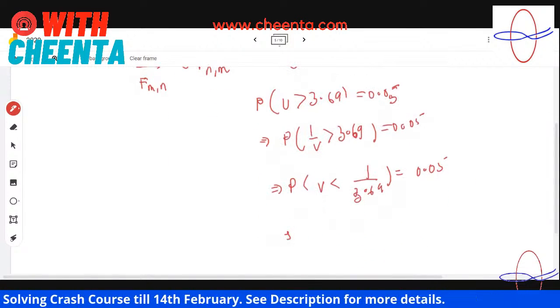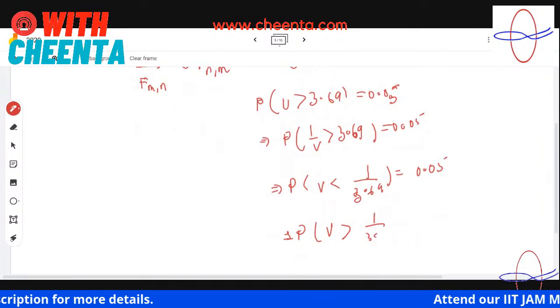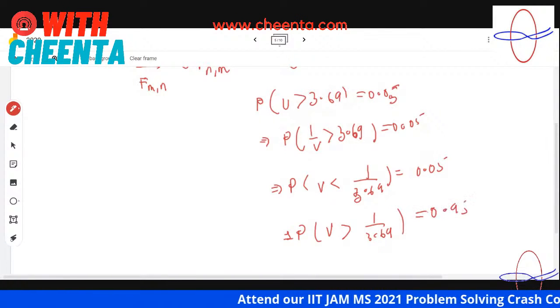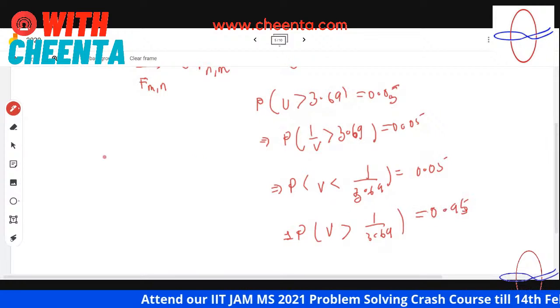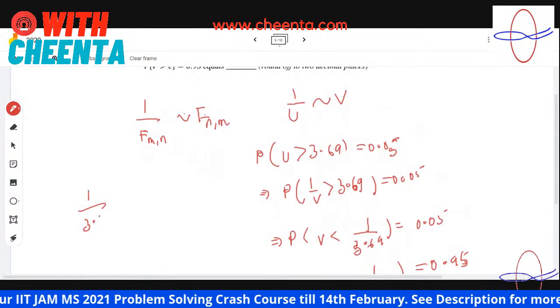And also if you just subtract it, probability V greater than 1 by 3.69 is 0.95, right? 1 minus this probability. So therefore you have to just calculate c, which is the same as 1 by 3.69.